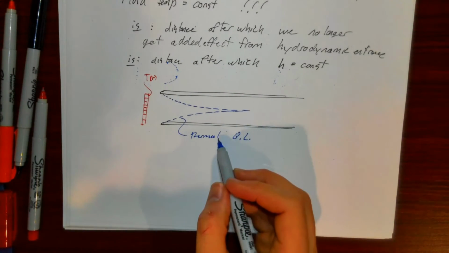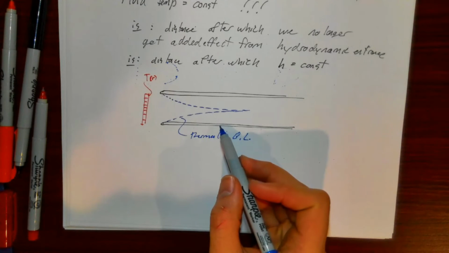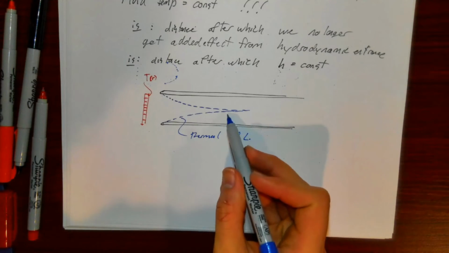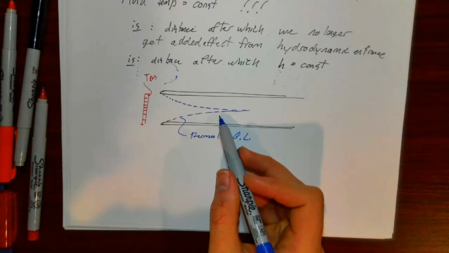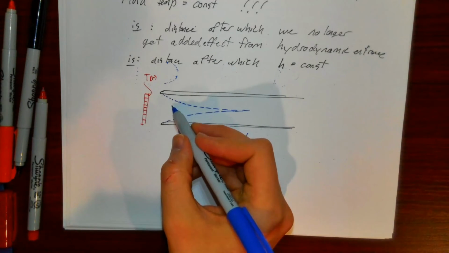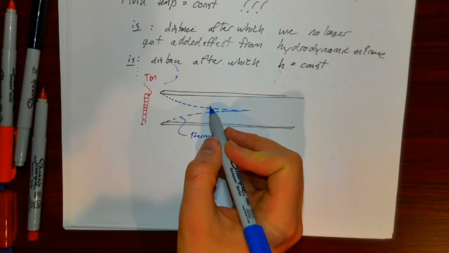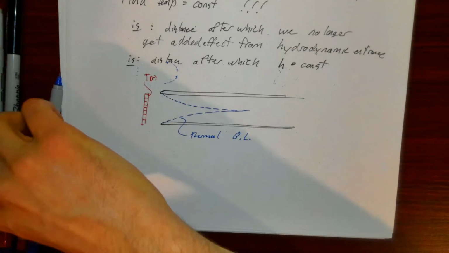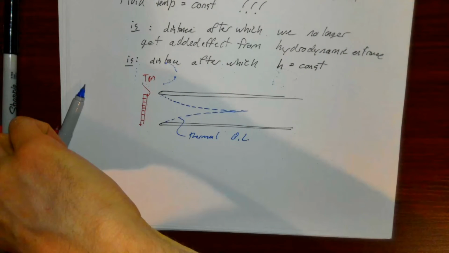Which isn't necessarily where the surface temperature of the plate has fully penetrated into the flow, but it's basically an effect of which the fluid that isn't within a thermal boundary layer is completely at the original T sub i.